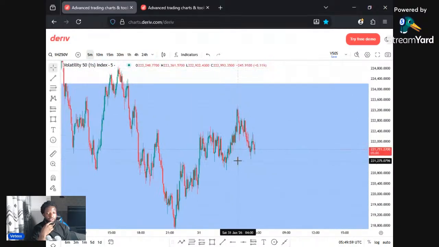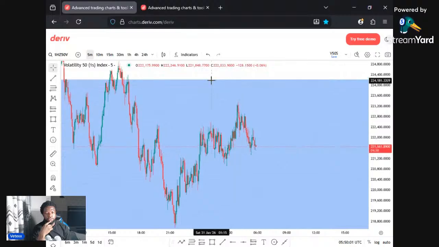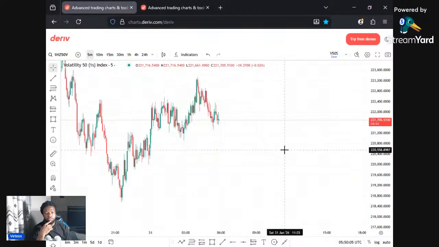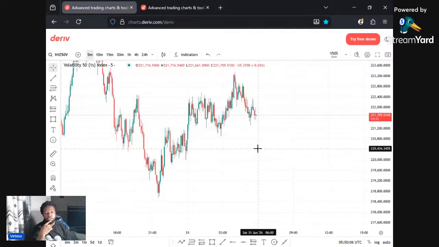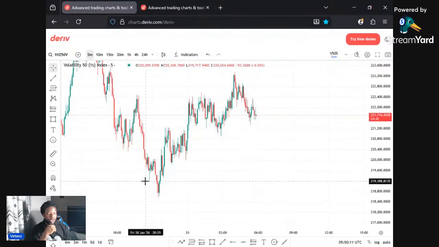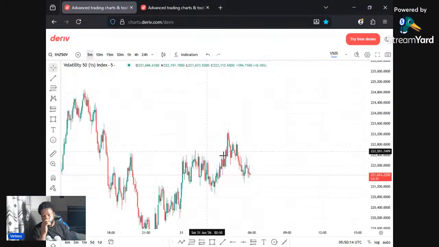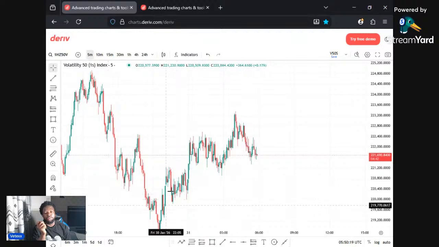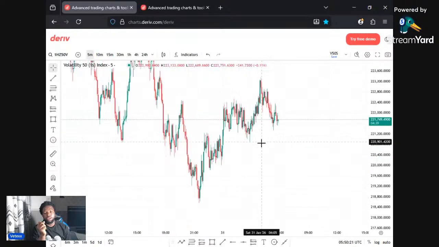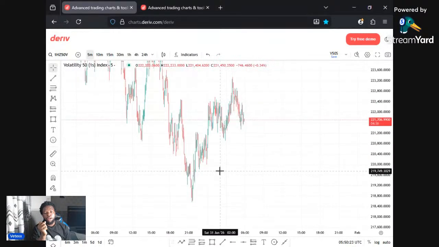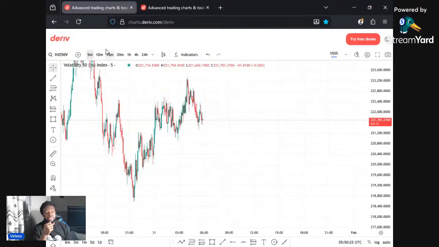We don't have anything yet. This structure is coming from the POI itself, but we are not going to take it until another one forms. Then we will know that this one should be avoided, and then we take the next one, right? So that's basically it.